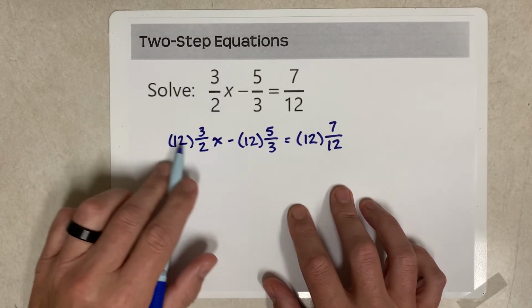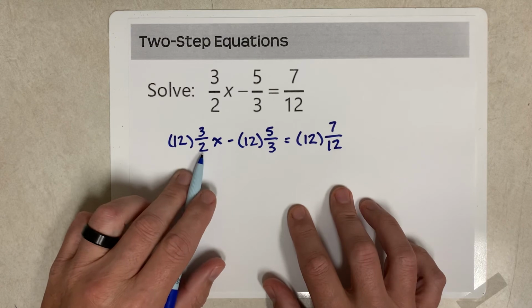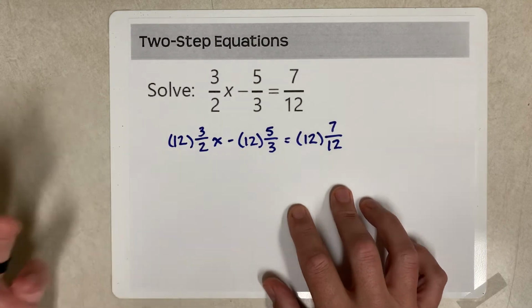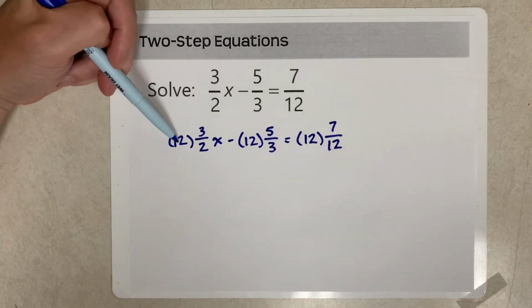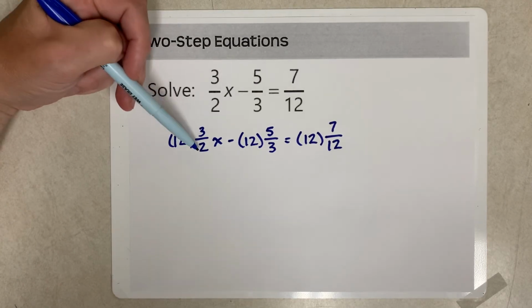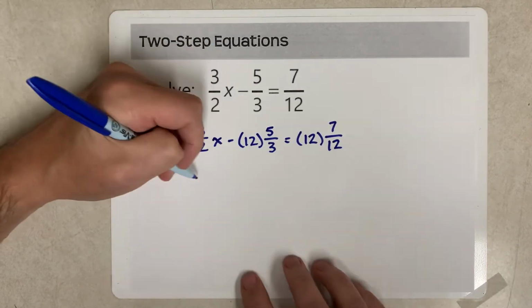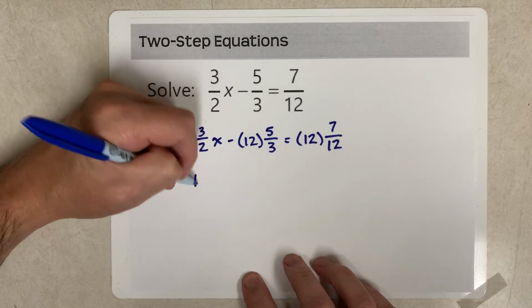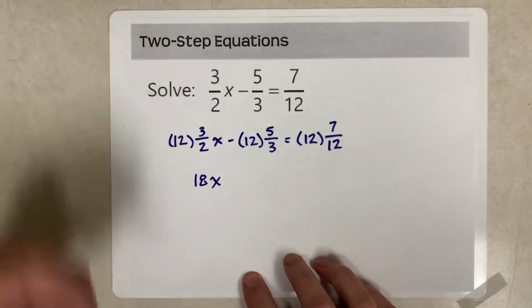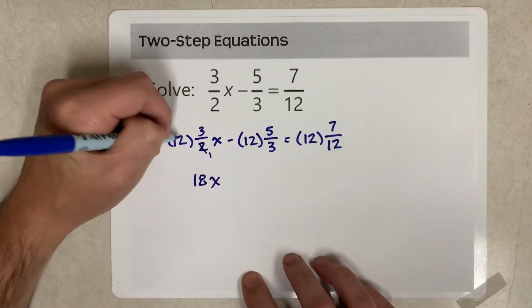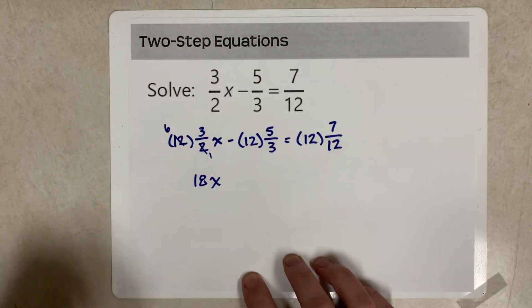All right, let's do it this way. 12 divided by 2 is 6, times 3 is 18. Or 12 times 3 is 36, divided by 2, still 18. So all of this becomes 18x. The 2 and the 12 cancel out.